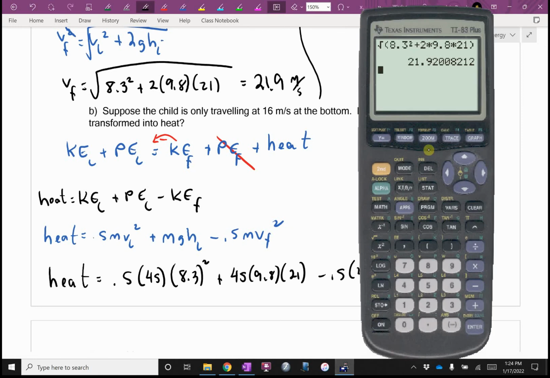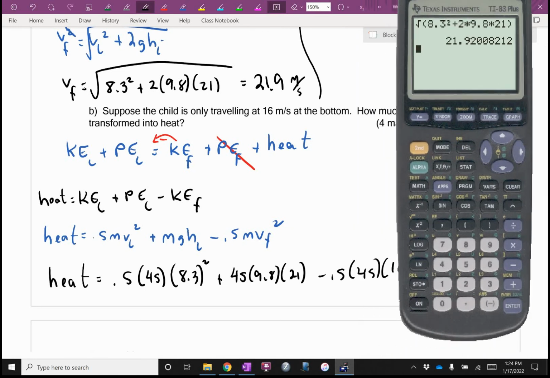And I get squared plus 45 times 9.8 times 21, take away 0.5 times 45 times 21 squared. Look for typos. I think that looks good. Do you get 800? Is that right?